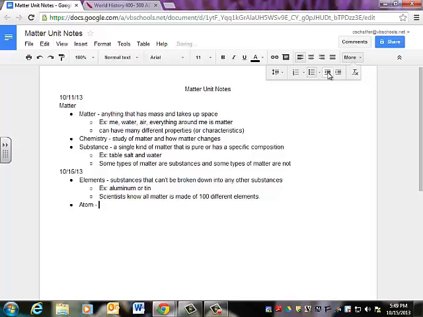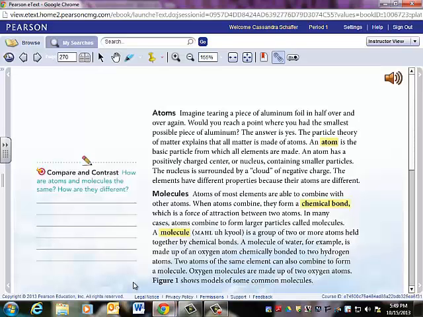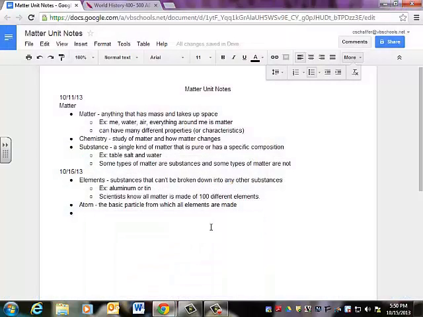Atom, the basic particle from which all elements are made. Good. And if we go back to our reading, we see that elements have different properties because their atoms are different. So we're going to tab that over and put elements have different properties because their atoms are different.